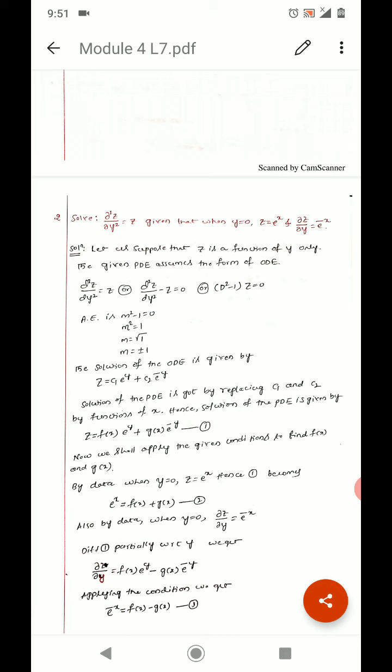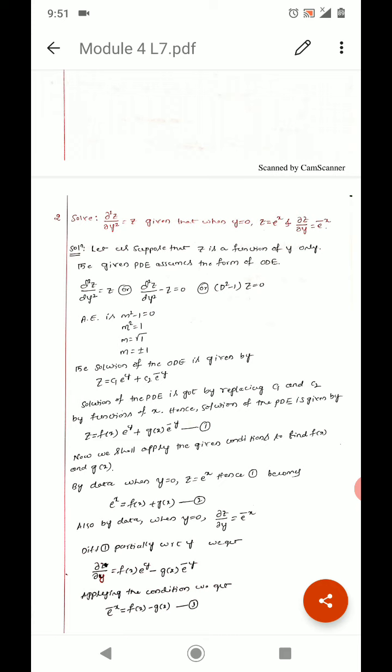So the partial differential equation can be written as d square z by dy square minus z is equal to 0. So we can write this as (D square minus 1) of z is equal to 0. So the auxiliary equation is m square minus 1 equal to 0, and hence m equal to plus or minus 1. So this is a real root.